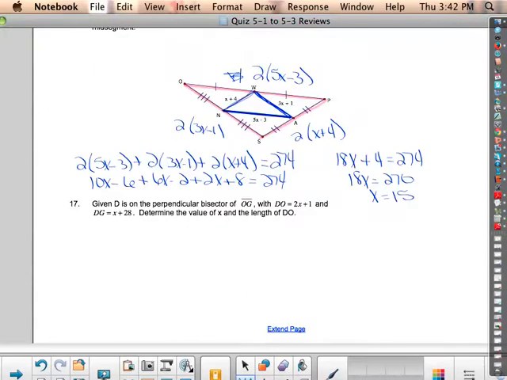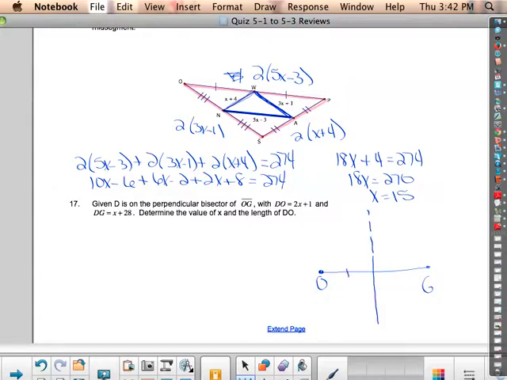Okay, next, number 17, you're told that D is on the perpendicular bisector of OG. So you have the segment OG, and then you have the perpendicular bisector.